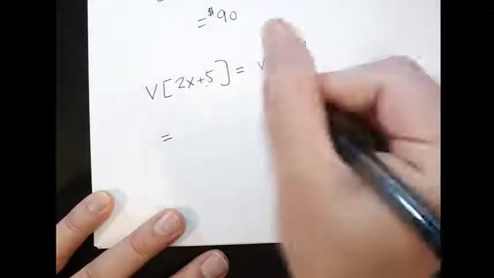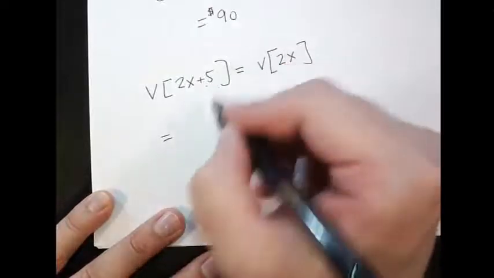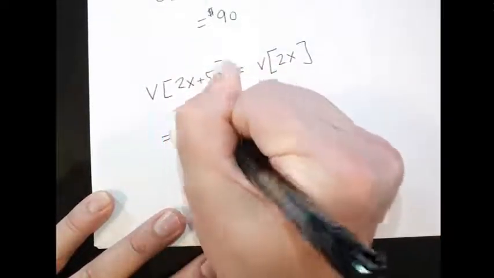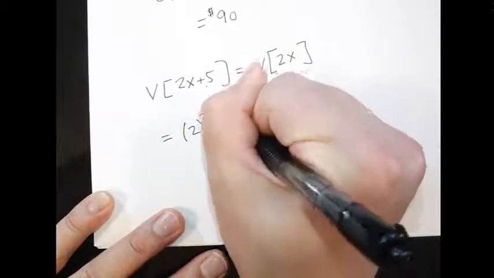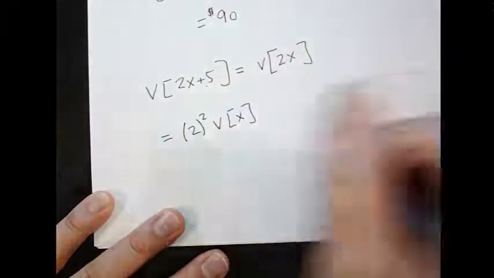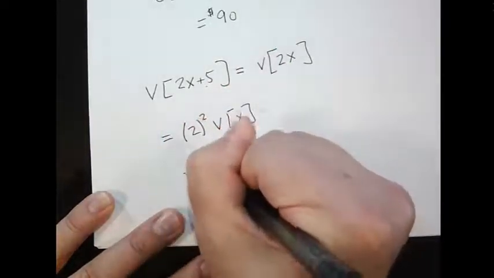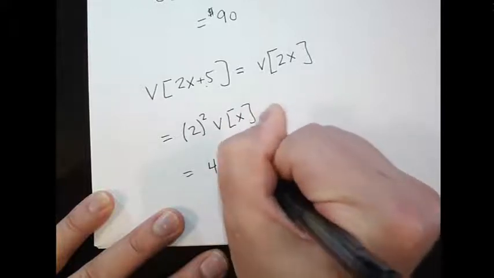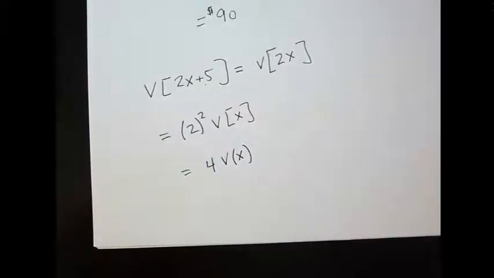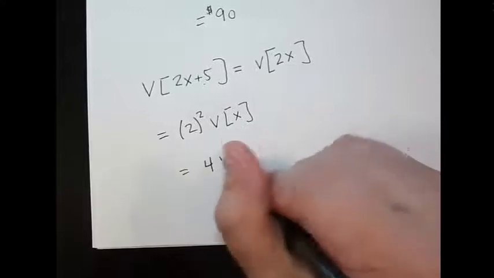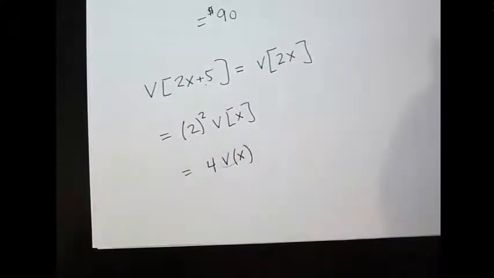Then, just like we did before, that 2 is pulled out and squared, which actually gives us 4 times the variance of x, whatever the variance of x may be in this situation.